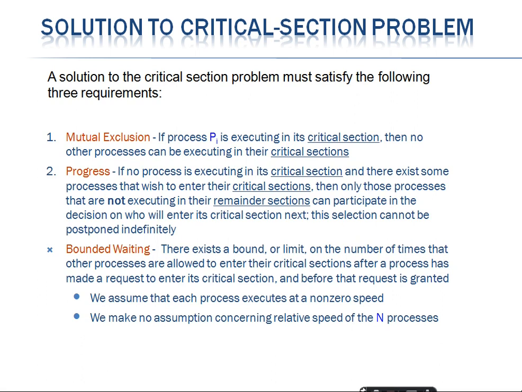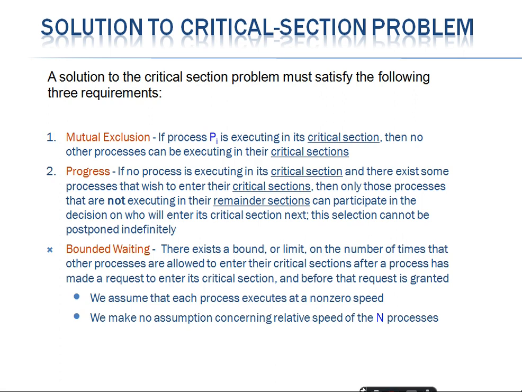When there is no process executing in its critical section, first you have to check that there is no process executing in their critical section, and there are some processes that are requesting to enter their critical section. Two conditions we are checking here: no process executing in the critical section, and some processes requesting critical section entry.